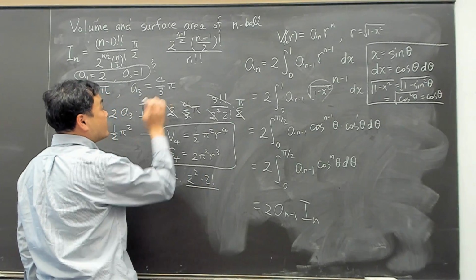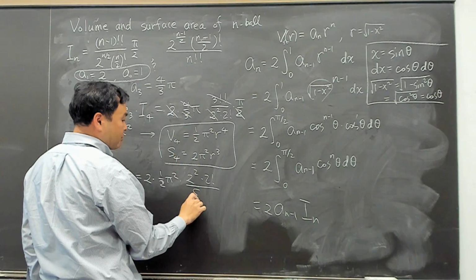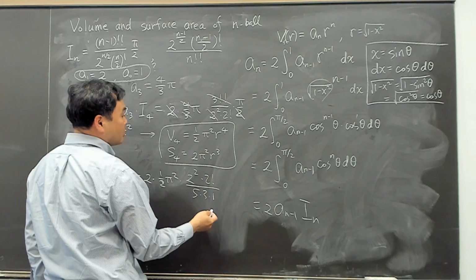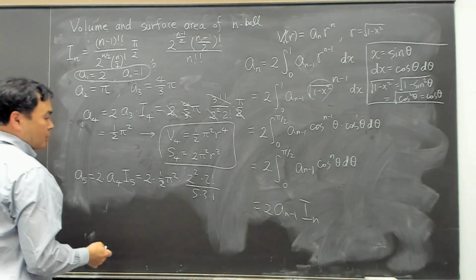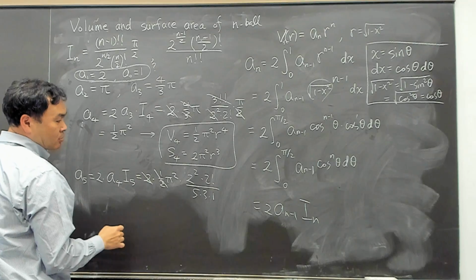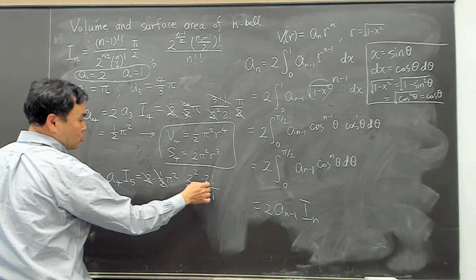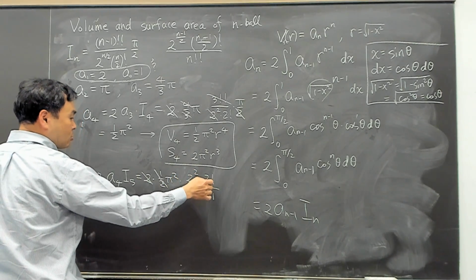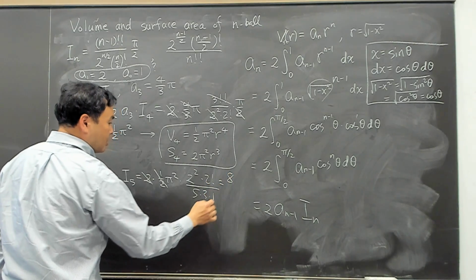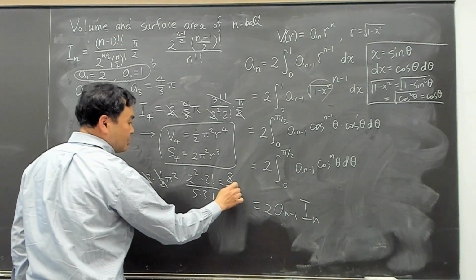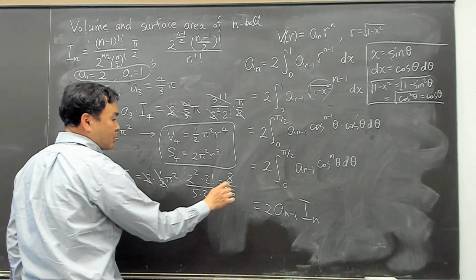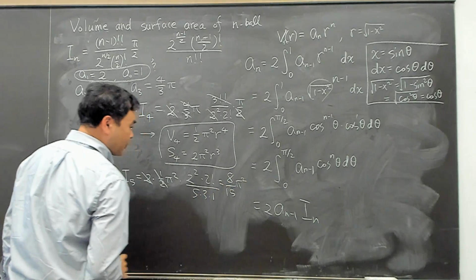And then 5 double factorial means 5 times 3 times 1. Okay? You can see that these two cancel. 2 factorial is 2. 2 squared times 2 is 8. And then 5 times 3 is 15. And you get pi squared again.